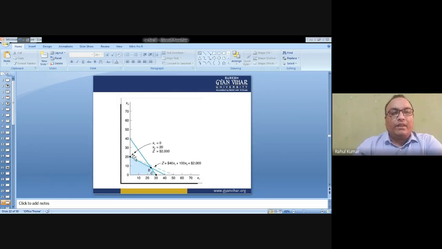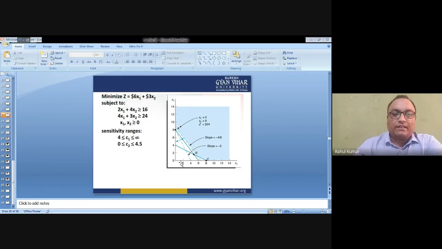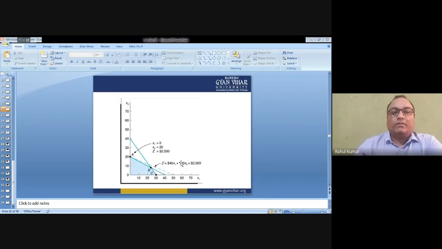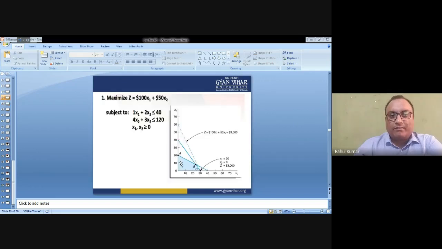And if I take this A optimal solution, it will give a 2000 value. So for the maximization case, the better optimal value is given by point C. So C is the right answer.